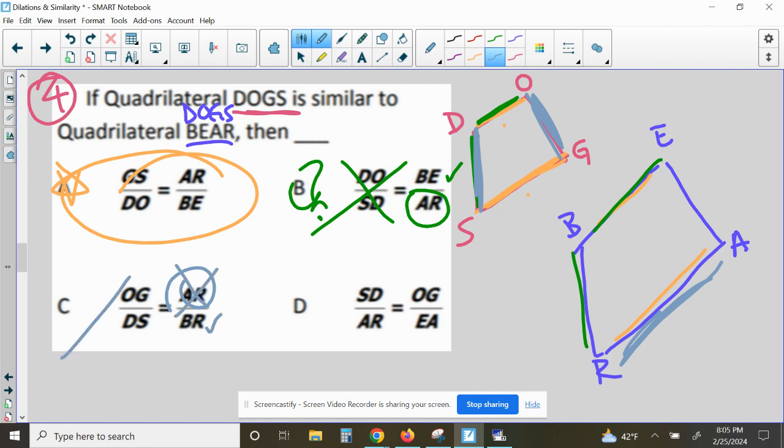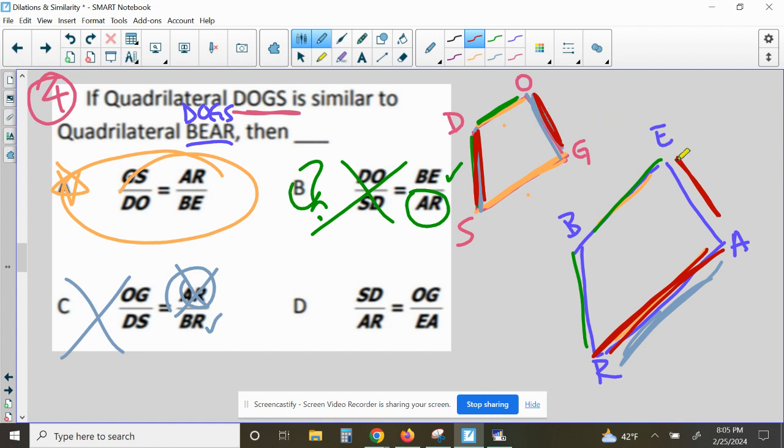So this one does not work. Let's look at this last one. So SD. SD is this piece over AR. Okay, so they went here over there. And then they did OG over EA. How's that?